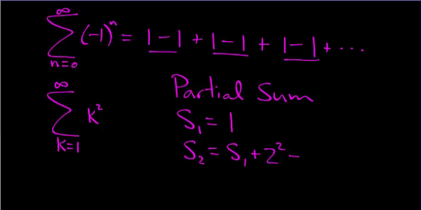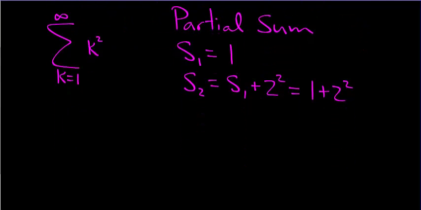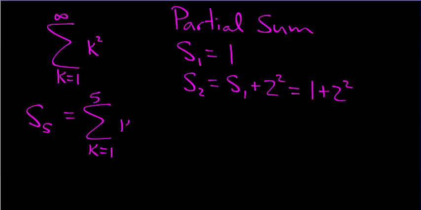So we get 1 plus 2 squared. That's the second partial sum. Just to be clear, the fifth partial sum is equal to the sum from k equals 1 to 5 of k squared.